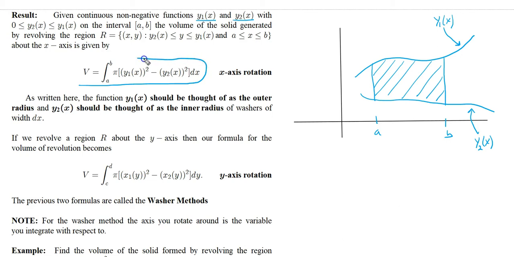And this is what we had just derived. So it's going to be the integral from a to b of pi times y1 of x squared minus y2 of x squared dx. And that's what we have pictured over here.